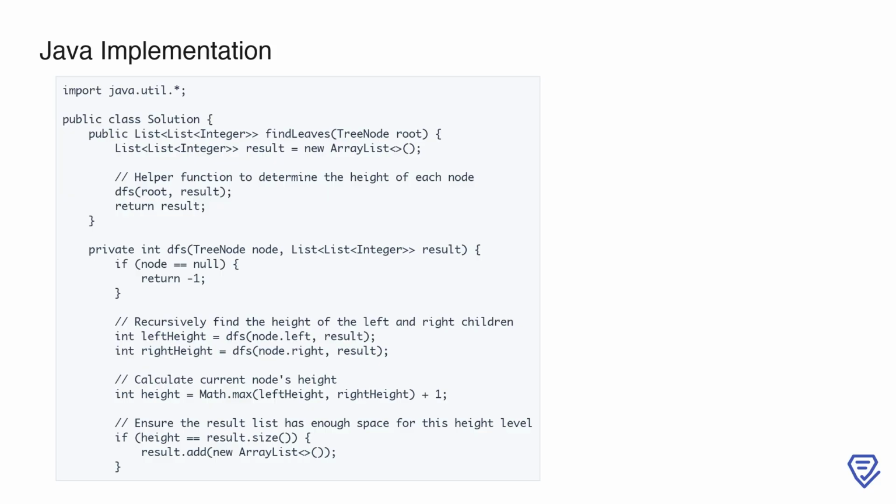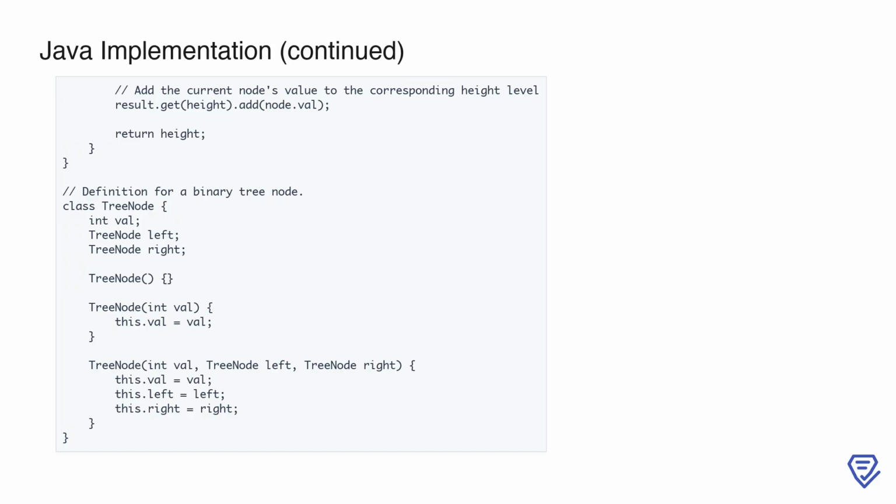Using these values, the height of the current node is determined as 1 plus the maximum of the left and right heights. To ensure that the result list can accommodate this height, we check if the height matches the current size of the list. If it does, we add a new empty list to represent this height level. Once we've ensured the result list can store the current height level, we add the value of the current node to the corresponding list. Finally, the function returns the calculated height of the current node, which allows the parent nodes to determine their own heights.